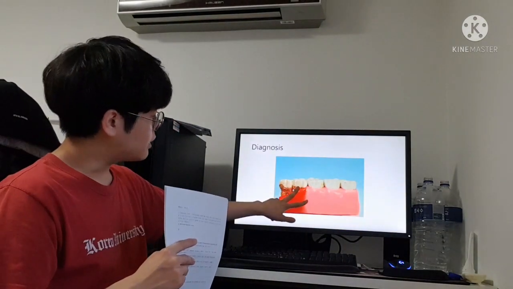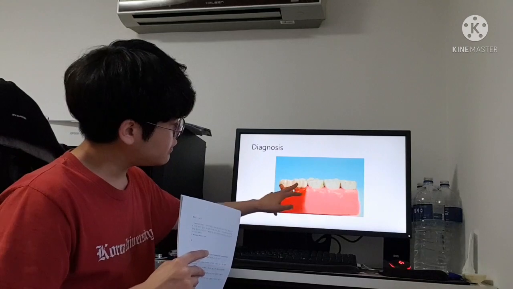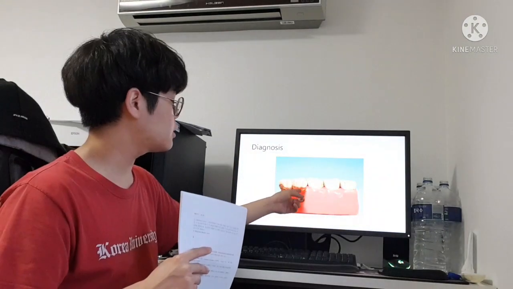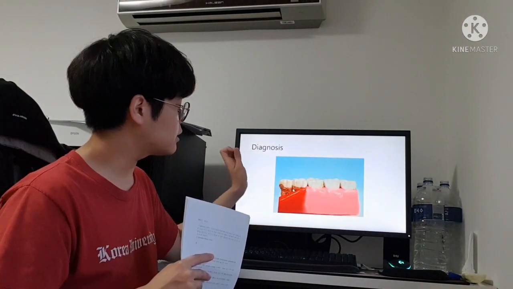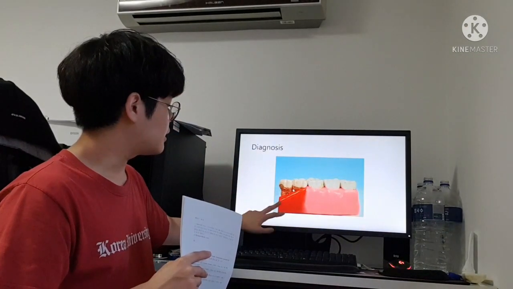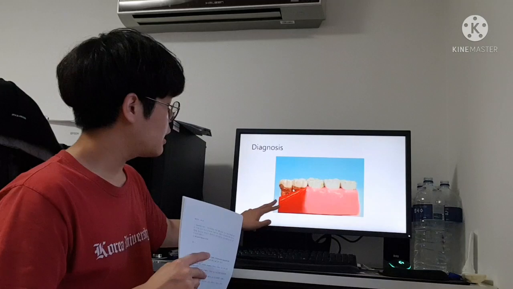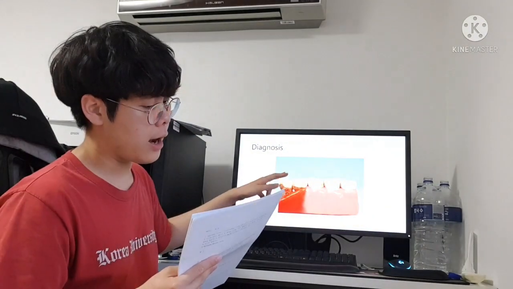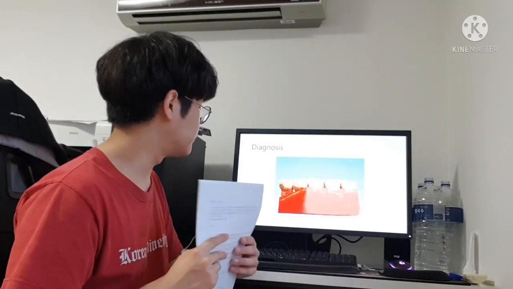The patient at this phase has only a little bit of gum recession, but this patient lost his alveolar bone too.